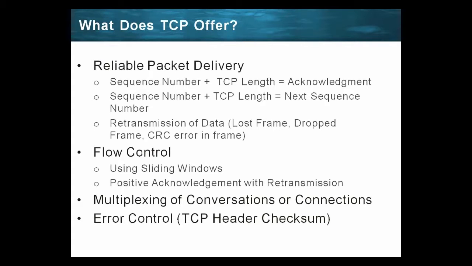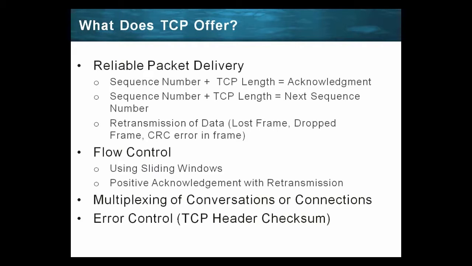Then once both sides have agreed and we've set up that socket, from that point on, the sequence numbers will only get incremented by the amount of payload, the TCP length, that is being sent, since SYN has no application data at that point. So that sequence number plus the payload is the ACK that I expect, or it may be the next sequence number.